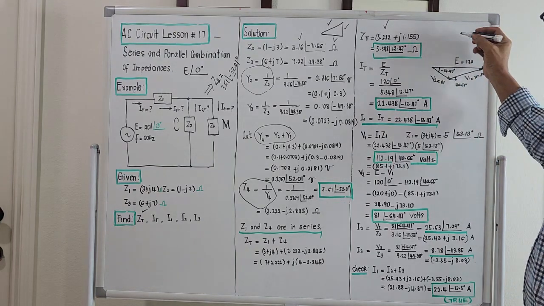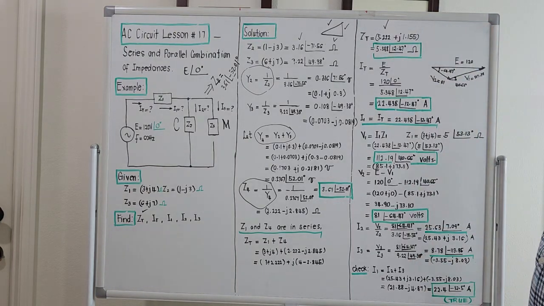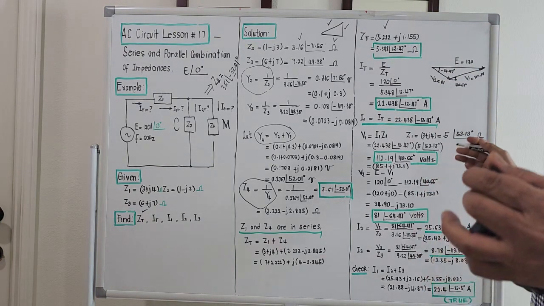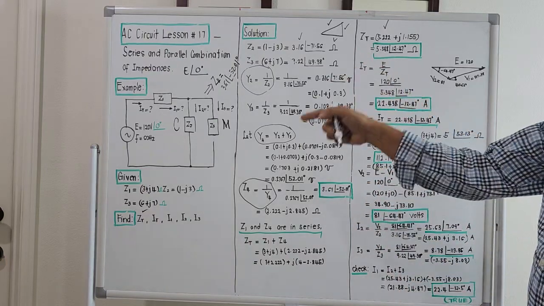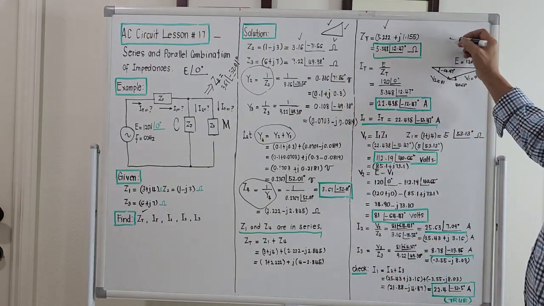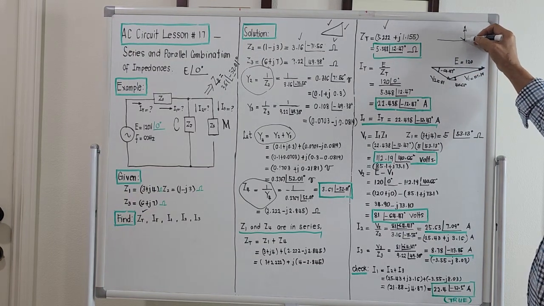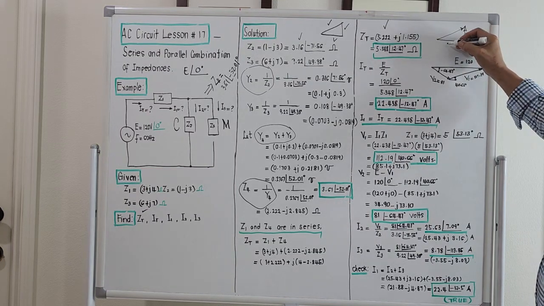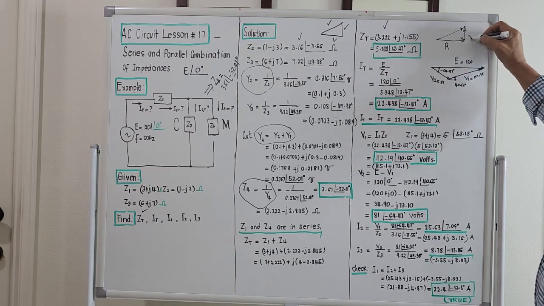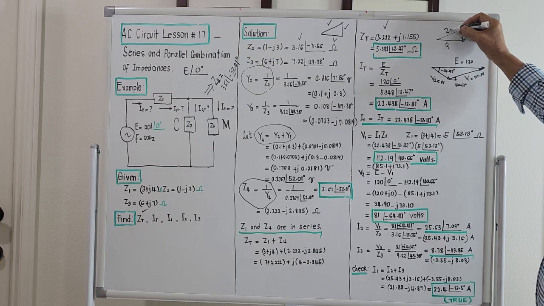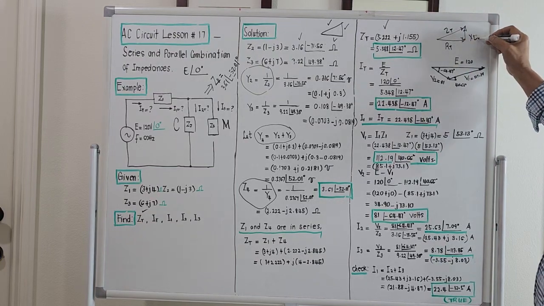So meaning to say, if we try to draw the single equivalent impedance of the given series parallel combination, it will be something like this. This is R, this is XL, and this is Z total: R total, XL total.